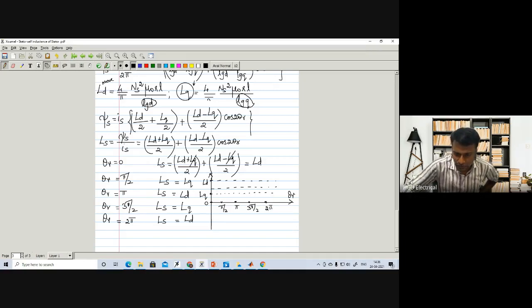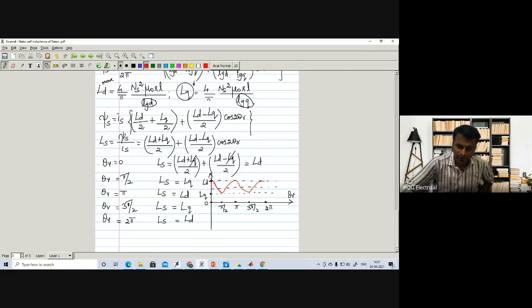So now here the inductance will be maximum, then again it will come to LQ, then again inductance will be maximum LD, then again LQ, then again LD, like that it will go.